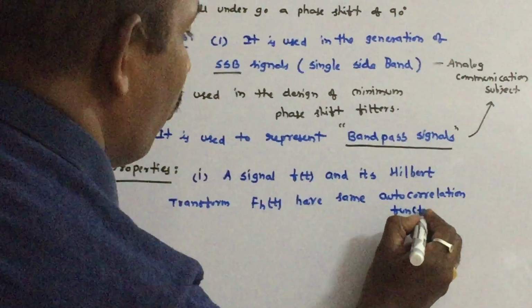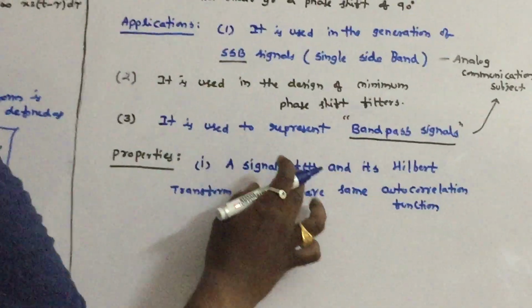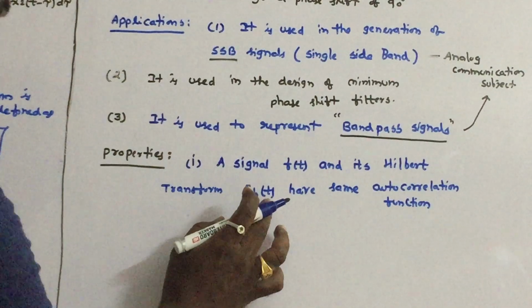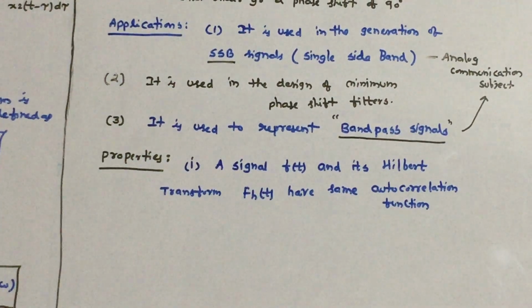That means if you find the autocorrelation of f of t and the autocorrelation of fh of t, they have the same answer.